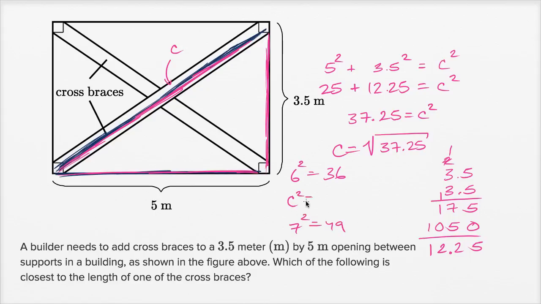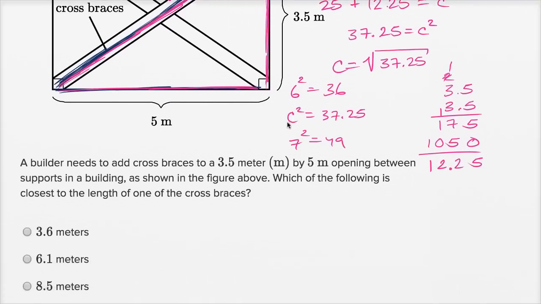And we know that c squared is equal to 37.25, which is closer to 36. It's larger than 36, but it's closer to 36 than it is to 49. So I'd approximate c would be between 6 and 7, and it's going to be closer to 6.